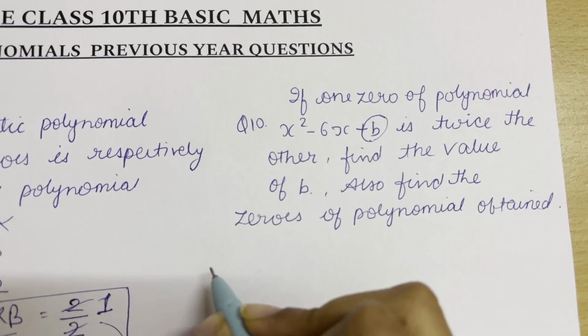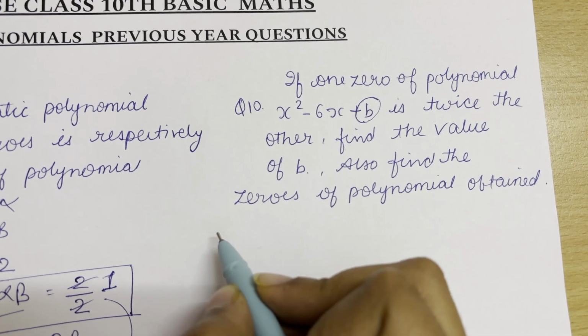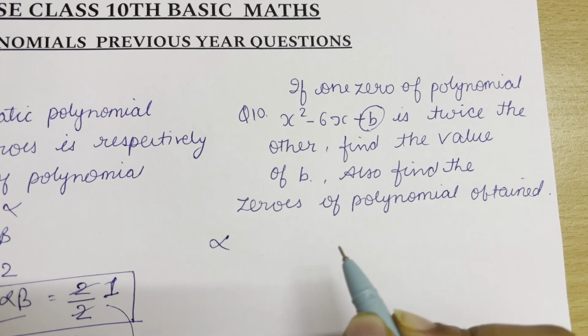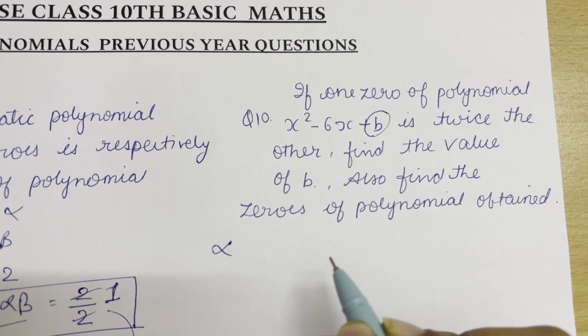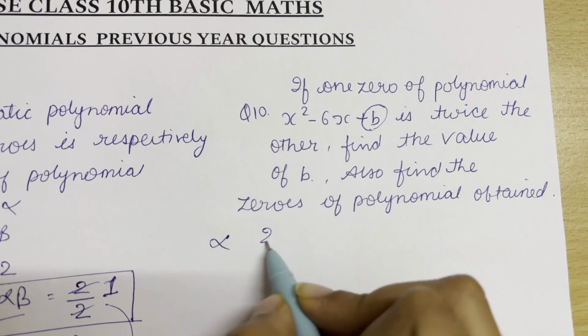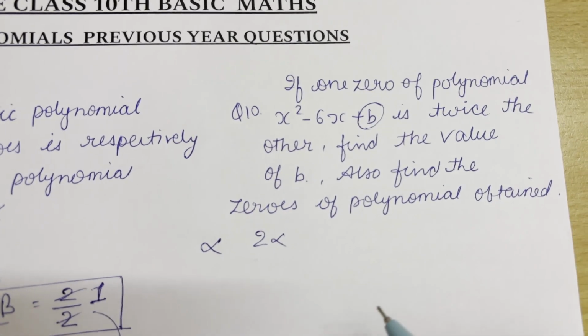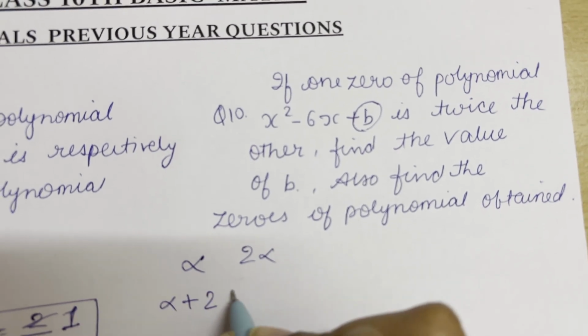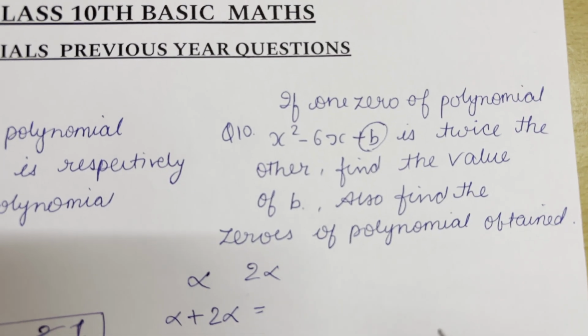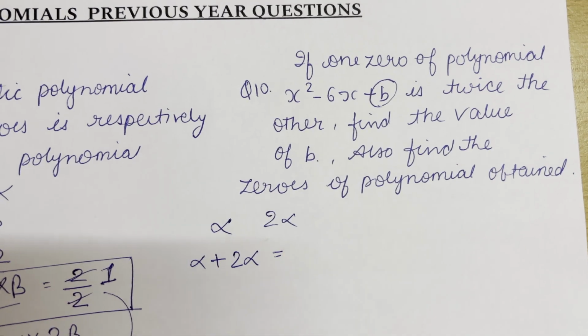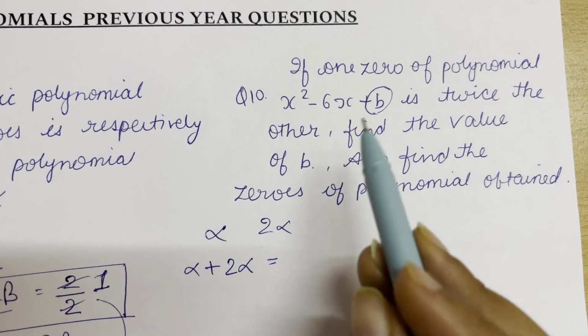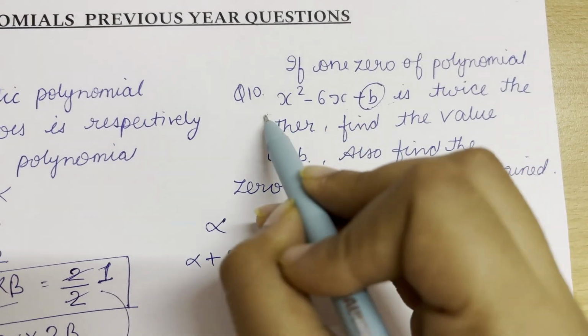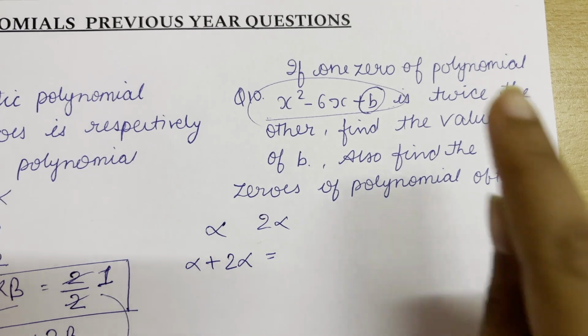So let's assume one zero of the polynomial is alpha, and it is said that the other one is twice of that, so that will be 2 alpha. Okay, so alpha plus 2 alpha is equal to minus b by a, that is the sum of the zeros of the polynomial.